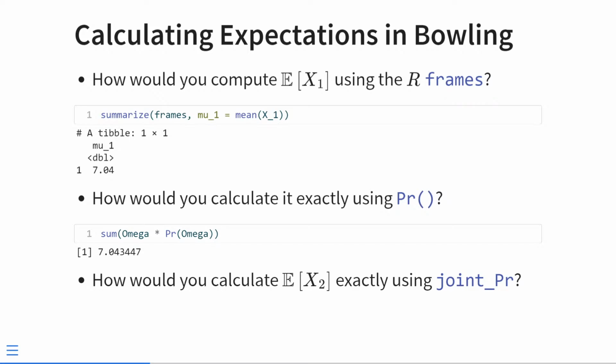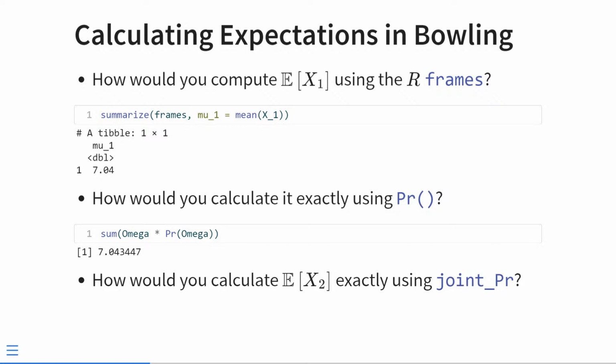So the expectation of a discrete random variable, in this case 7.043447, even though never in the history of bowling has anyone knocked over 7.043447 pins. So it's not like the expectation is what you think should happen. This is literally impossible.